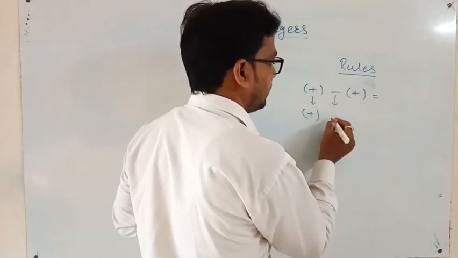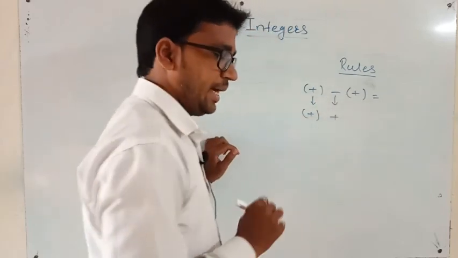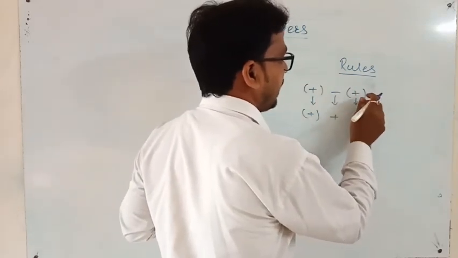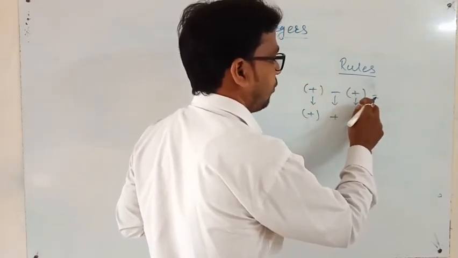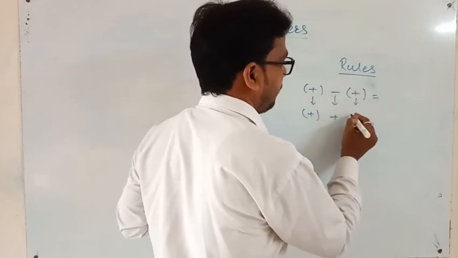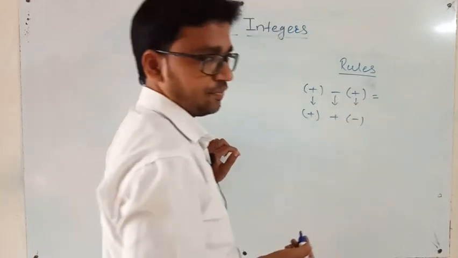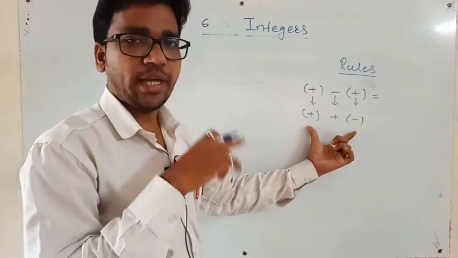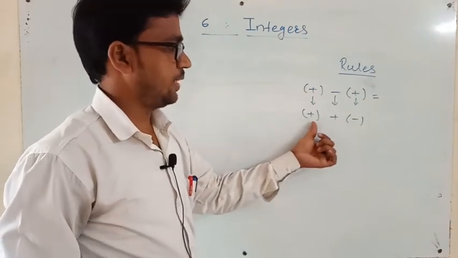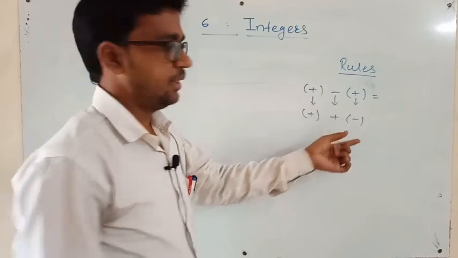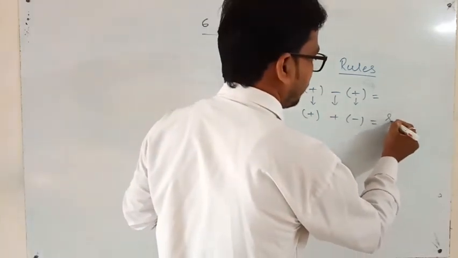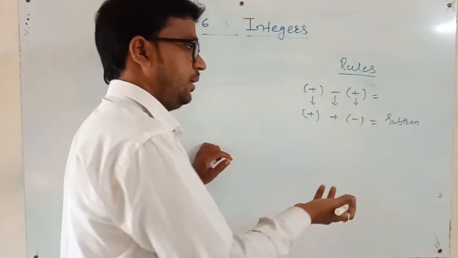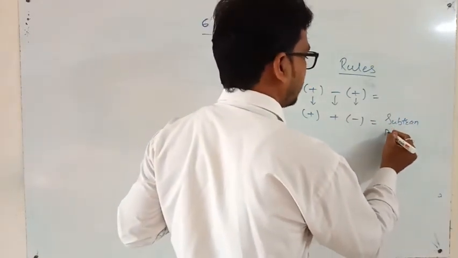If subtraction is there, then we do addition, and change the sign of this to the opposite sign, or the additive inverse. So additive inverse means negative sign. Now it is the same as addition. If one number is positive and another is negative, then subtract the smaller number from the bigger number and give the bigger number's sign.